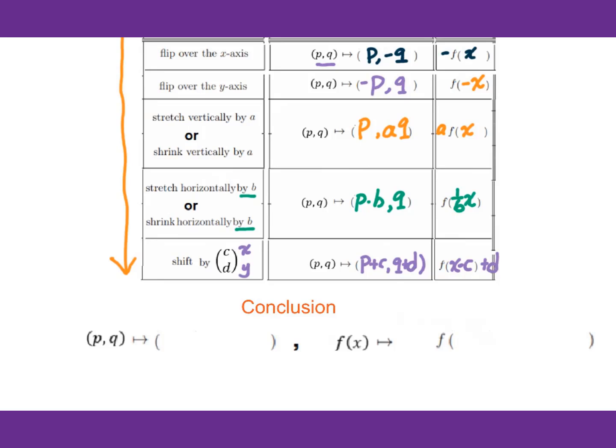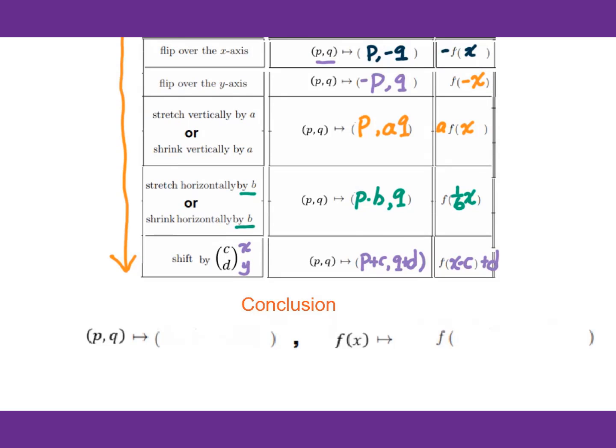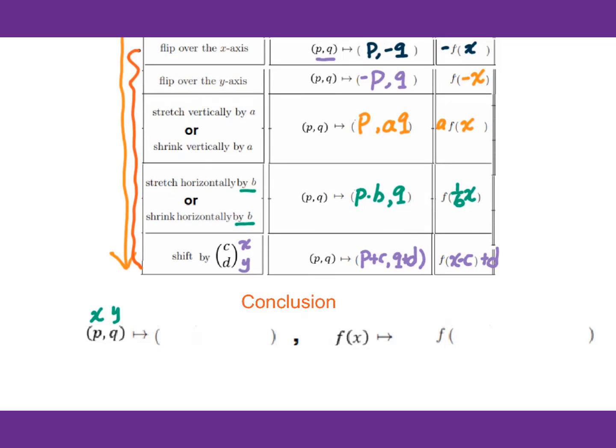Now we can draw the conclusion. If we do a transformation according to this order, then what are the new coordinates? We know this is x, here's y. These steps are dealing with x, and this is c.